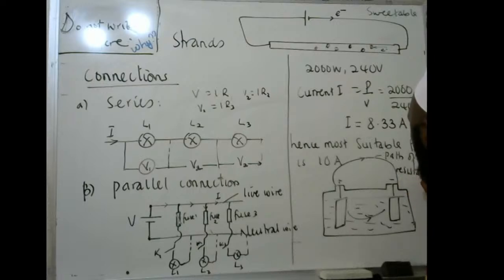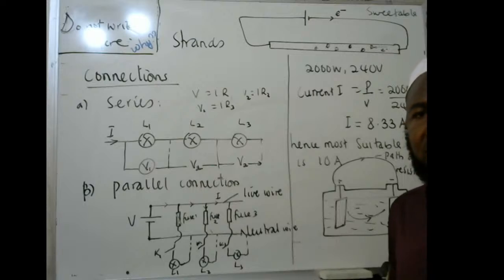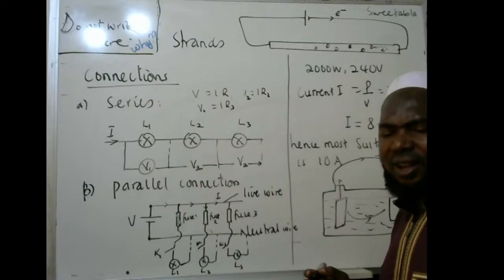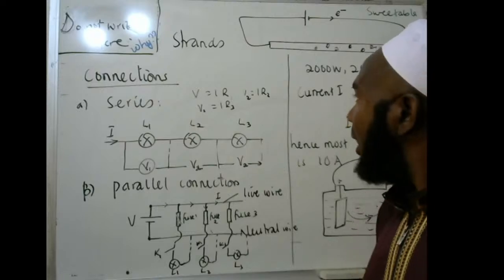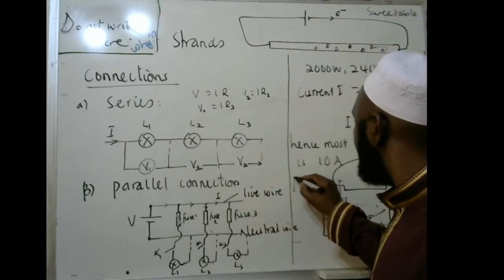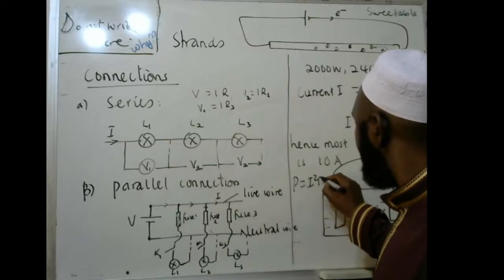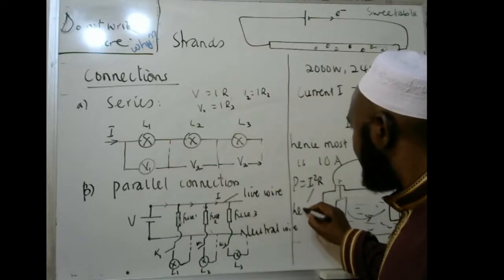Now this path of low resistance therefore provides a large amount of current passing through because there is no resistance. And therefore there is great power loss in form of I squared R, causing a heating effect.